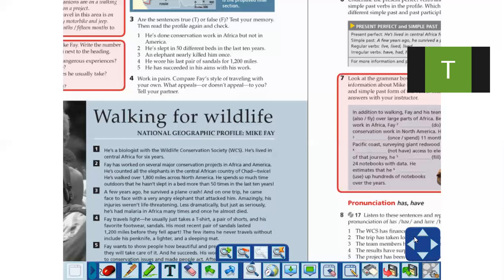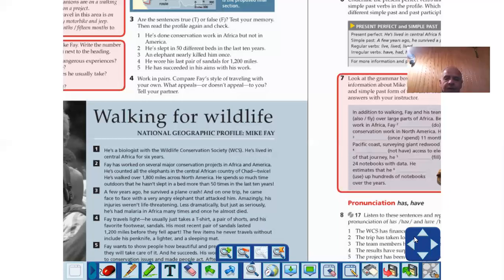Amazingly, his injuries, do you understand the word here, Tiare? Yes. Okay. Injuries weren't life-threatening. Less dramatically, but just as seriously, he has had malaria in Africa many times, and once he almost died.